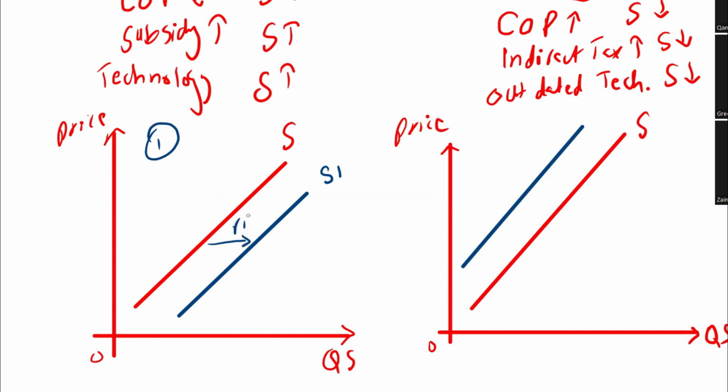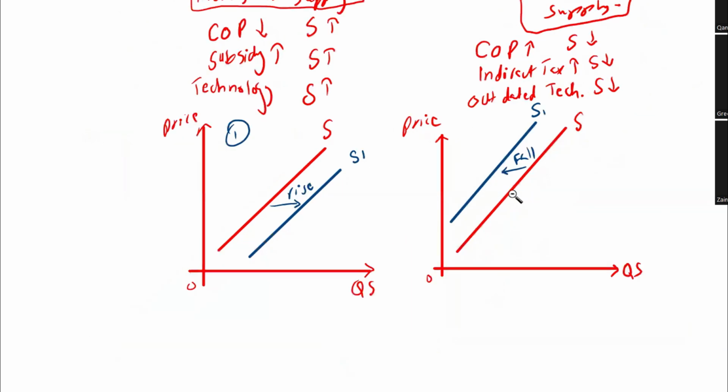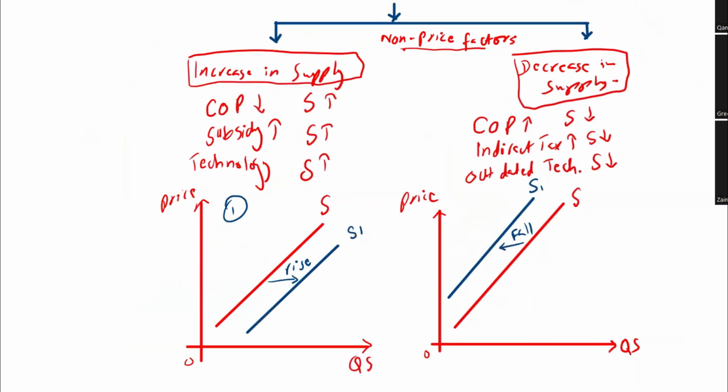So this shows a rise in supply. And on the other hand, if the supply curve shifts to the left, it shows a fall in supply. In short, keep in mind that whenever there is an increase in supply, the curve completely moves to the right, and when there is a decrease in supply, it completely moves to the left.